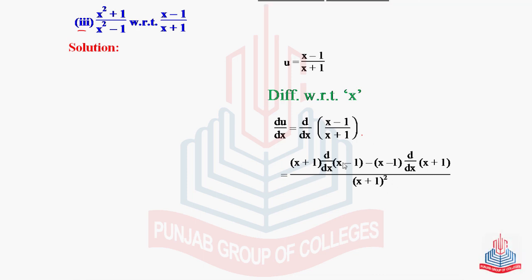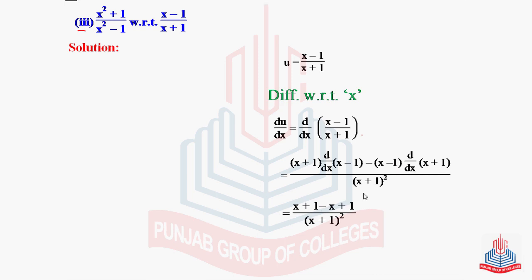and the derivative of the numerator, which is x minus 1, minus x minus 1 will be as it is, and the derivative of x plus 1. So this one is x plus 1 as it is, and the derivative of x minus 1 is 1. And this x minus 1 will be as it is, and the derivative of x plus 1 is also 1.